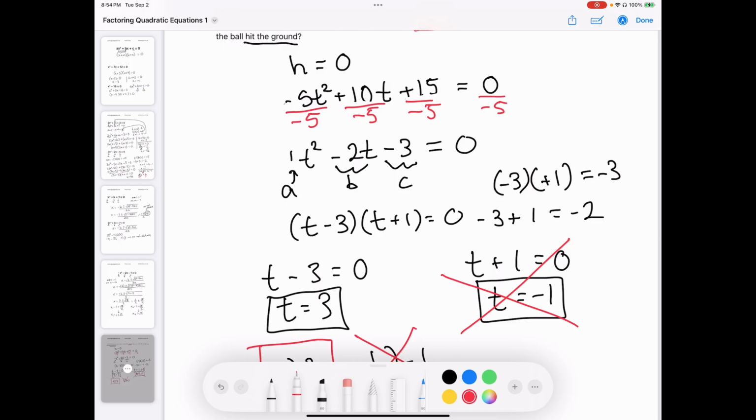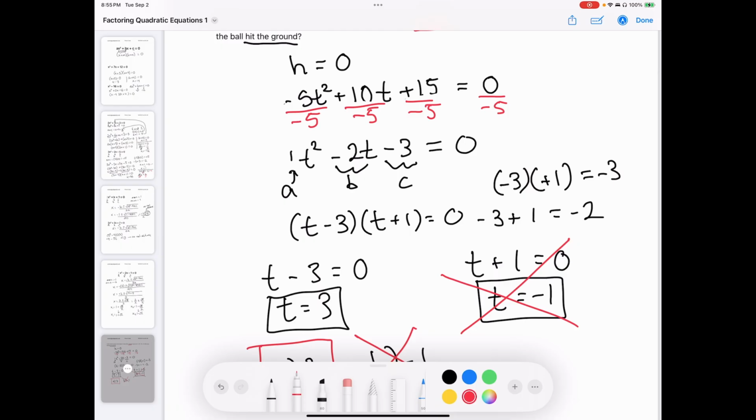Remember, you're going to use factoring when the numbers are small and you can quickly see integers that multiply to the C term and add up to B. You shouldn't spend more than 20 seconds thinking of those two numbers. You're going to use the quadratic formula when factoring doesn't work or when the roots are irrational or complex. Think of factoring as the shortcut and the quadratic formula as the guaranteed backup plan.